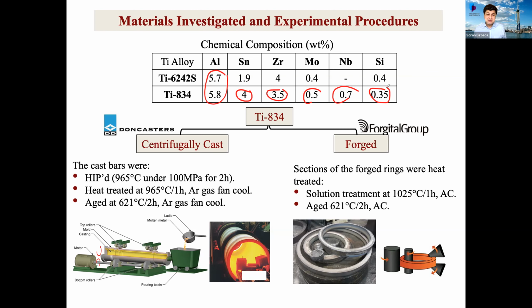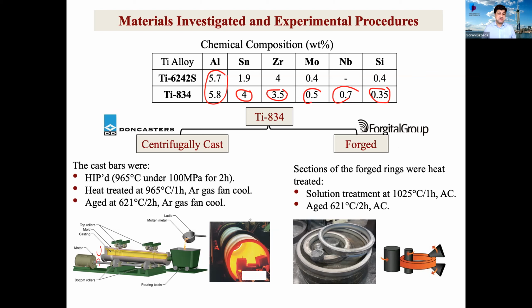Now, the titanium was made through centrifugal casting, and that's done by Doncaster company in the UK. And the other part was forged, ring roll forged by Forgital Group in Italy. So basically, I don't want to go through the details of this processing.